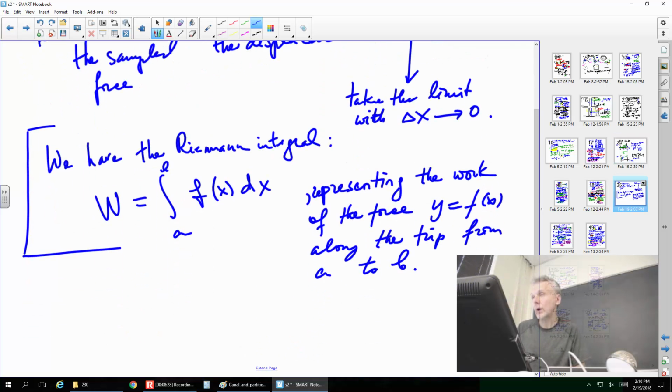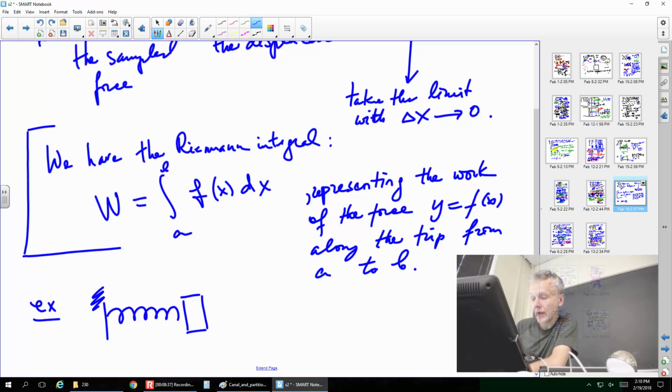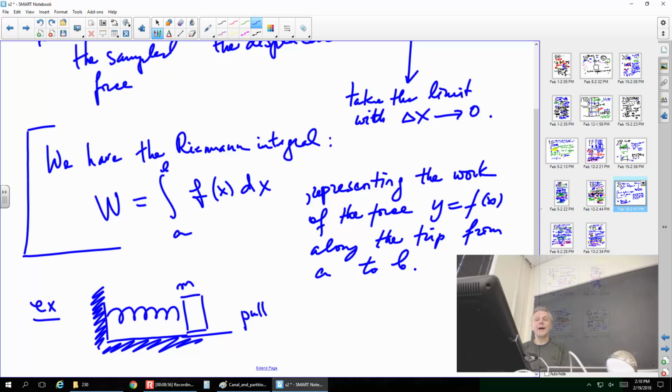Well, if we just take a spring like this, attached to the wall, with no friction, let's say, and mass m. And we pull the object against the spring, and we will ask ourselves what is the work.